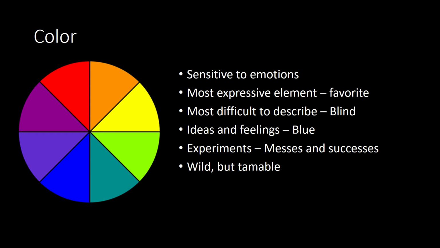And the colors represent communism in red, and America is red, white, and blue. You can experiment. Sometimes you're very successful with experiments, and sometimes you mess up, but it's okay because you can cover it up. It is wild, but you can tame color.